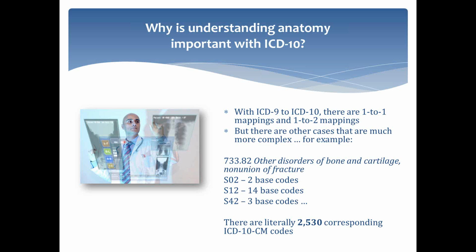In S12, there are 14 codes, and in the S42 category, there's 3 codes. Now, as you keep going through a mapping, you will find that just that one single code maps to 2,530 ICD-10 codes. So there is a significant difference, and the reason is because we are more specific as to actual location. That is why fully understanding anatomy plays a much bigger role in ICD-10.